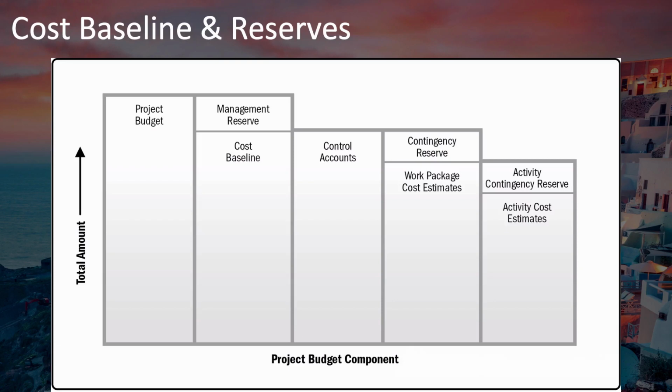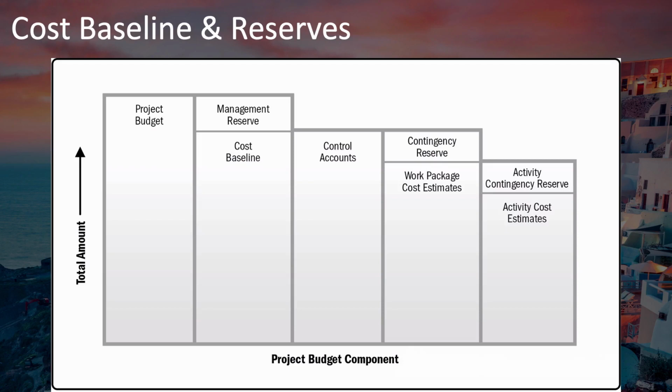Remember that the management reserve is that amount of money which has been set aside by management for the unknown unknowns, those risks that have not been identified and don't have response plans. And so this funding is for those surprises that you have not anticipated. And it's not included in your cost baseline, but is part of your overall project budget.